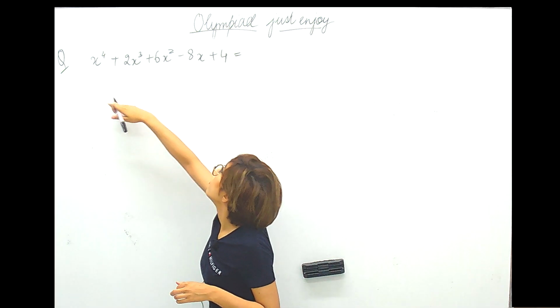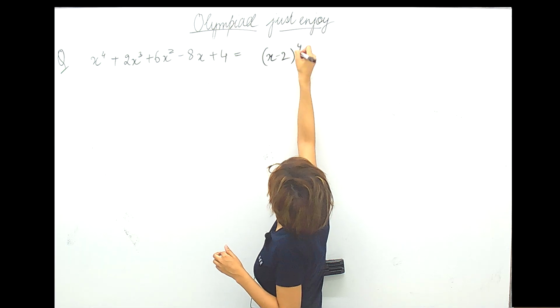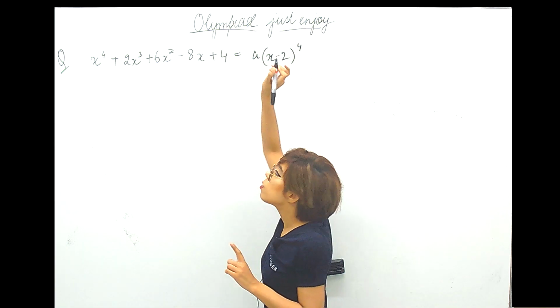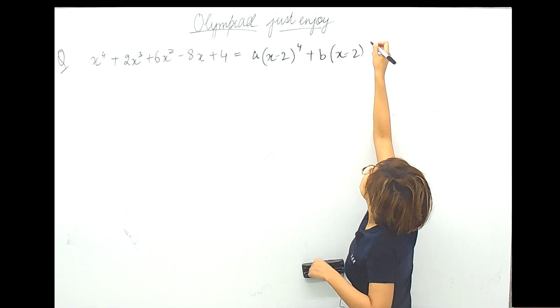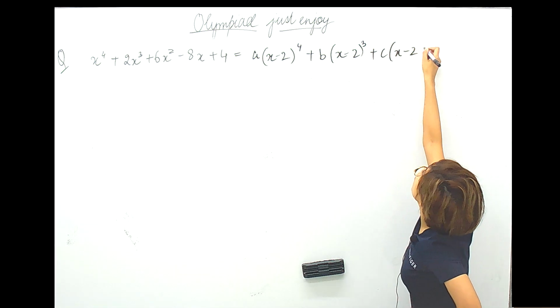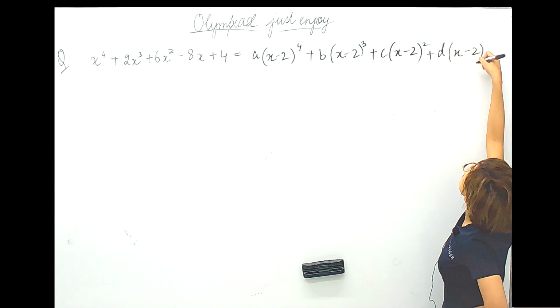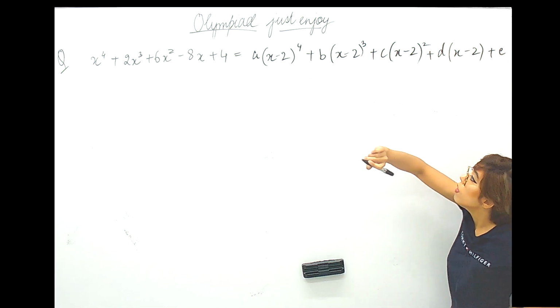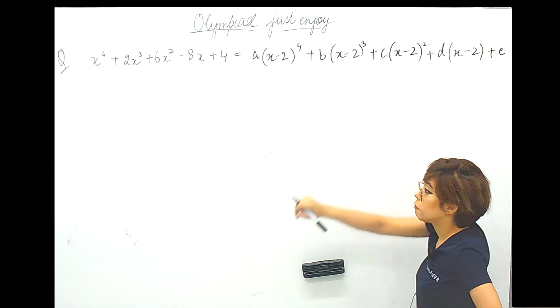Alright, here the power is 4, so that means the first term can be a into x minus 2 raised power 4. Coefficient I don't know, so I'm writing it like this. Then b into x minus 2 whole cube plus c into x minus 2 whole square plus d into x minus 2 plus e. Now there are 5 variables, 1, 2, 3, 4, 5.